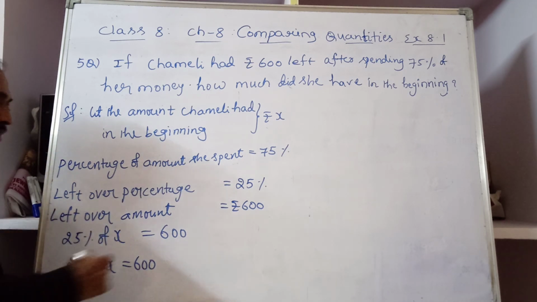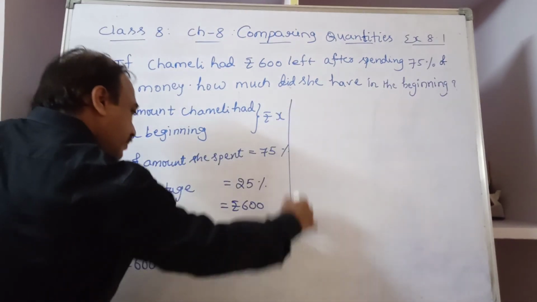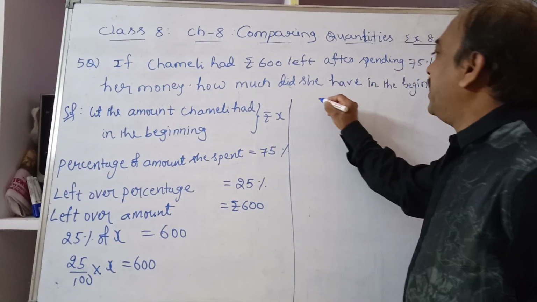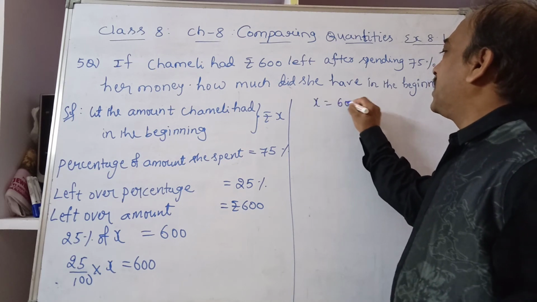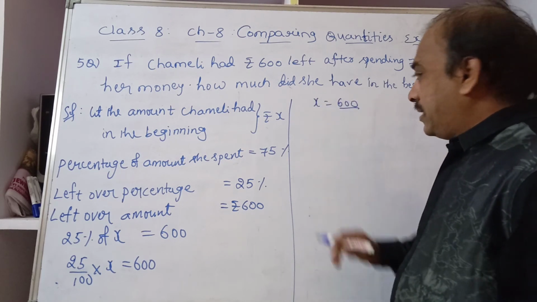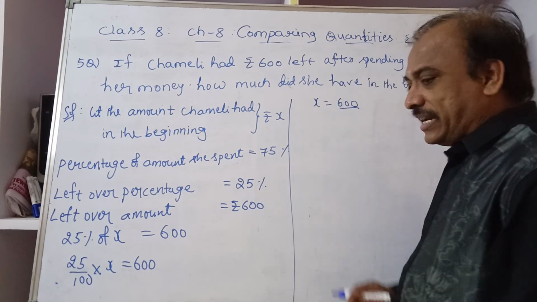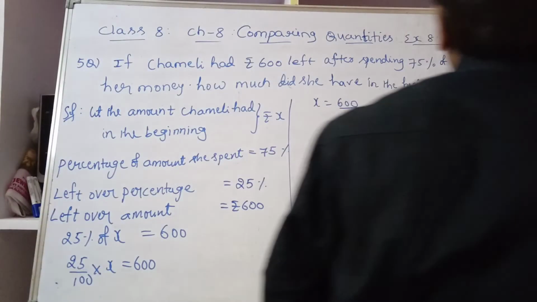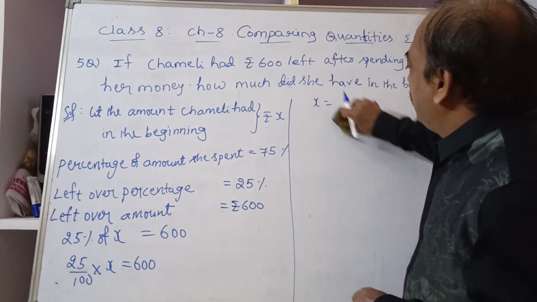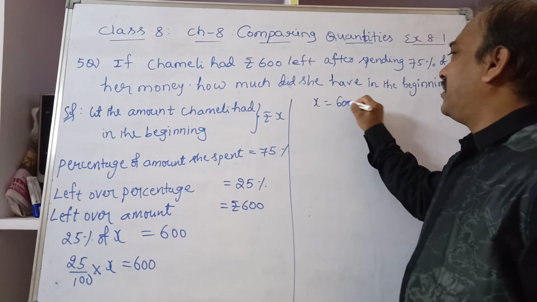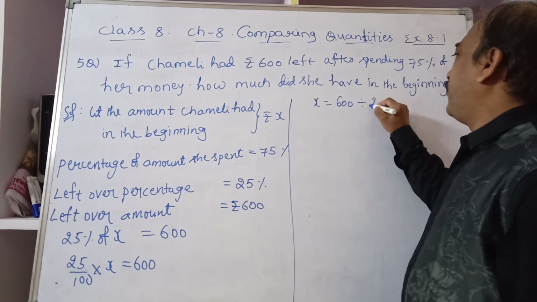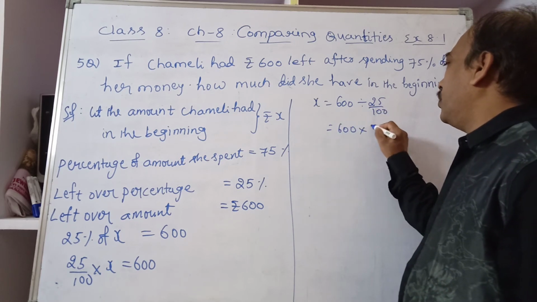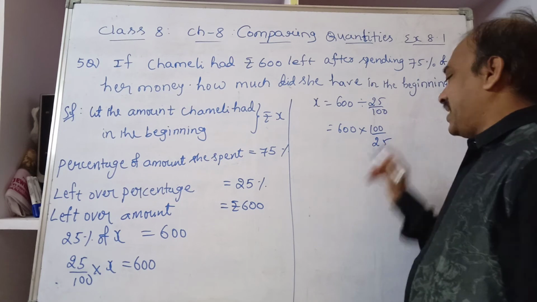This is the leftover amount. Now the next step: if you transpose 25 by 100 to the other side, X is equal to 600 divided by 25 by 100, which is nothing but 600 into 100 by 25, as it is the reciprocal.